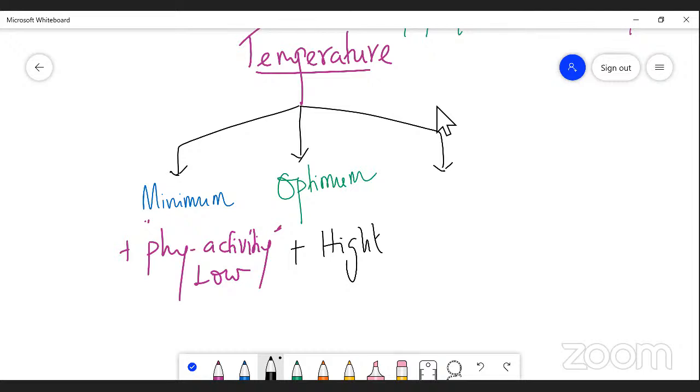Simply, the metabolic activity of a cell, both plant and animal, increases in optimum temperature, right?